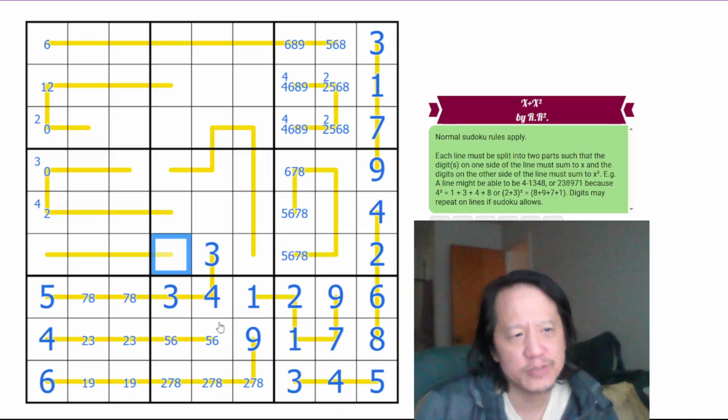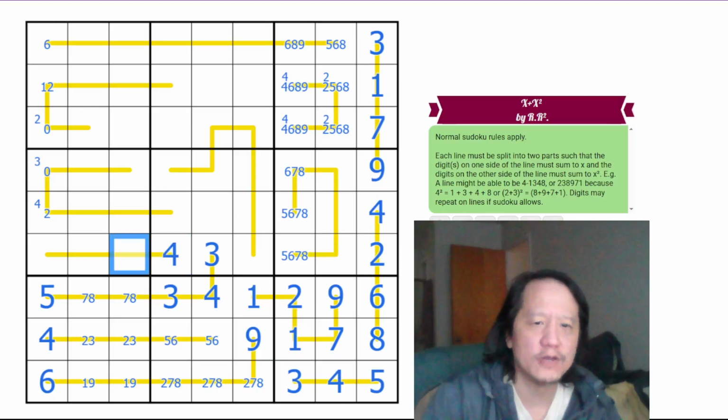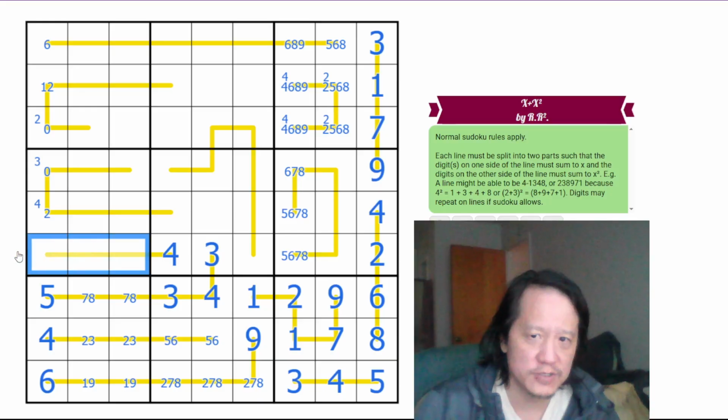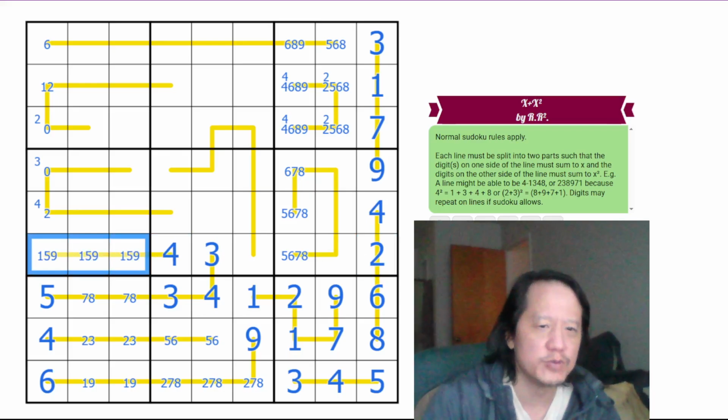So it has to be 4 here. And you can't have 9 in either of these spots. So to add up to 16, it would have to be 9 here, guaranteed. You can't have 2 and 4. It would have to be 1, 5. So this would be 1, 5, 9.